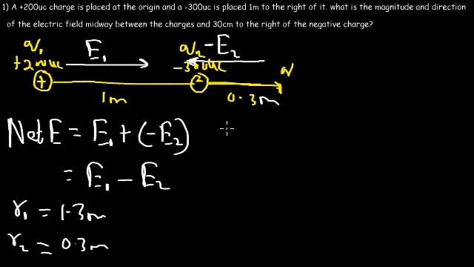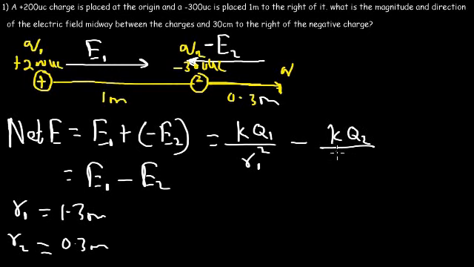So right now, what we are going to do is substitute. According to the relationship, E sub 1 will be KQ1 divided by R1 squared, and then we subtract from it KQ2 divided by R2 squared. Now I can substitute. The value of K is 9.0 times 10 to the power of 9.